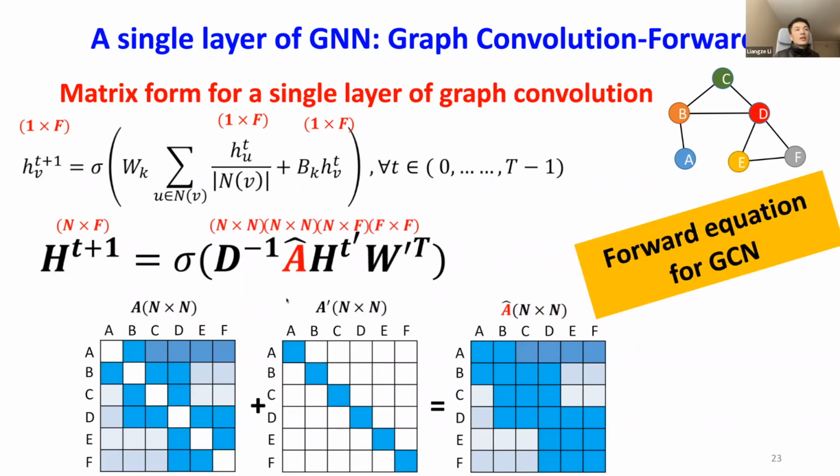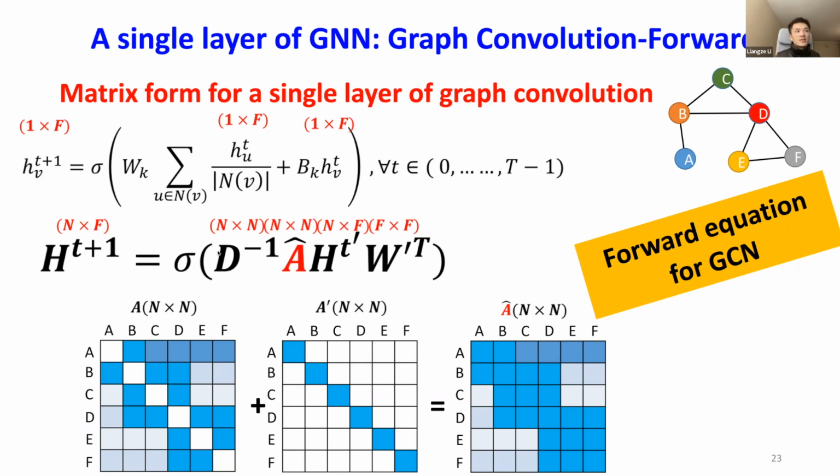So that is how we can combine the two formulas, or the two components of our convolution operation, together into just a series of matrix multiplications for a single component, which is going to make things a lot cleaner. So that is the forward equation for graph convolutional network. Take a second, pause the video, think about whether you have understood this entire formula.